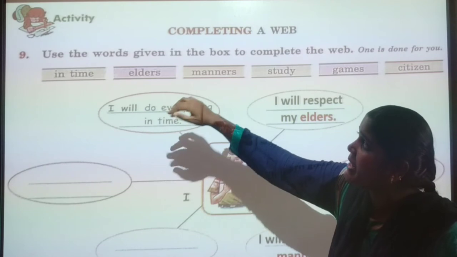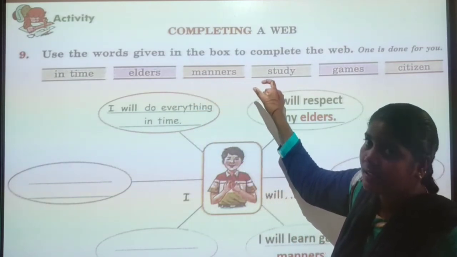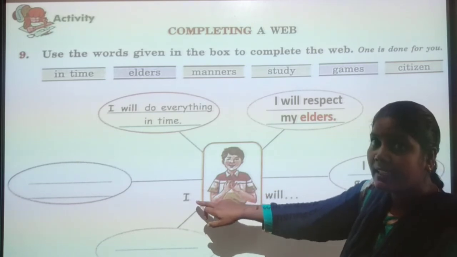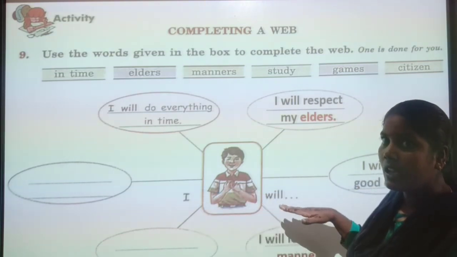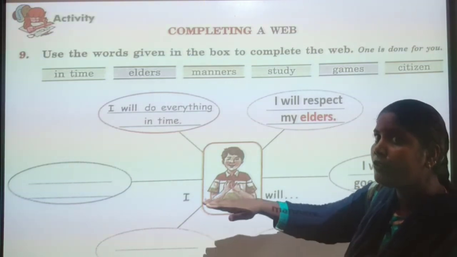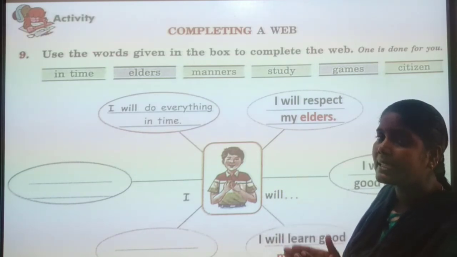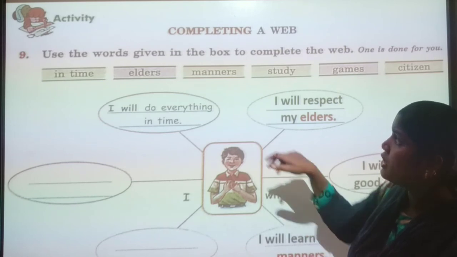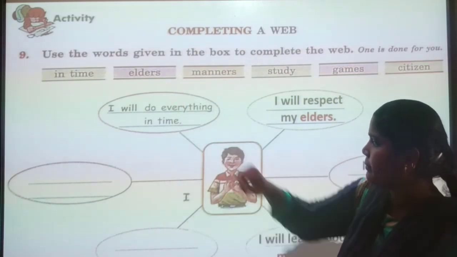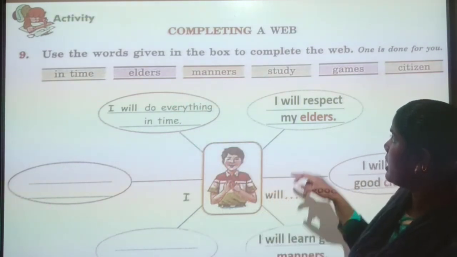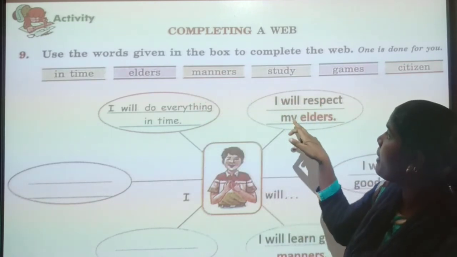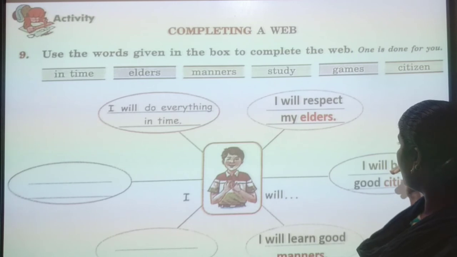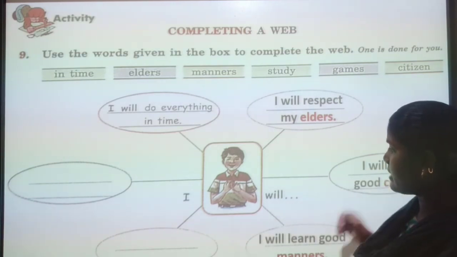They are given some particular words, and I is a pronoun. Will is an auxiliary verb. So now we are going to make sentences. I will do everything in time. I will respect my elders. I will be a good citizen.